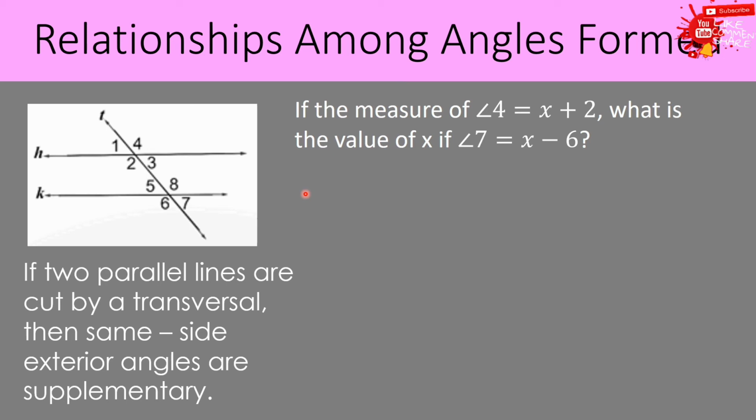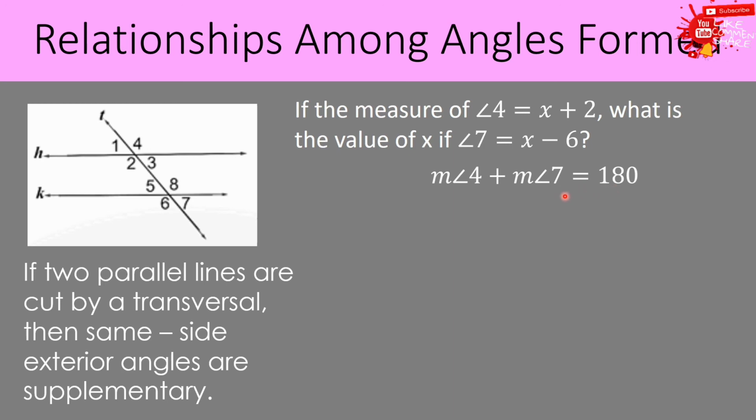They are same side exterior angles, and same side exterior angles are supplementary. So the measure of angle 4 plus the measure of angle 7 is equal to 180. That will be our equation.